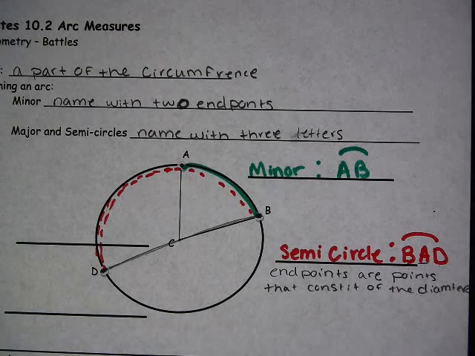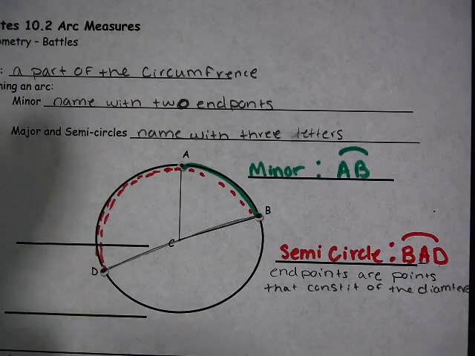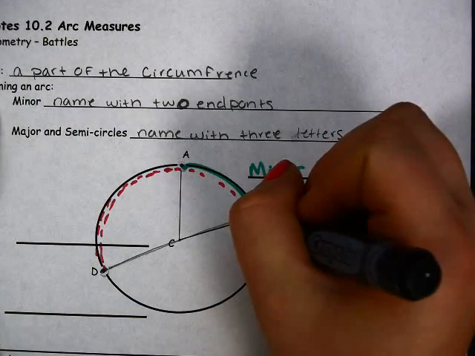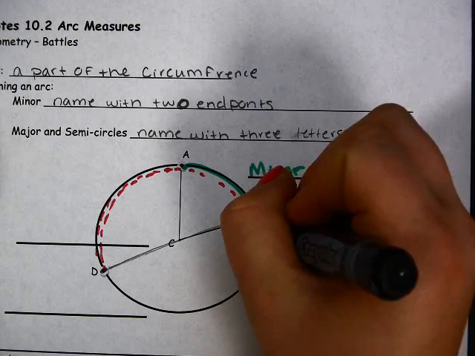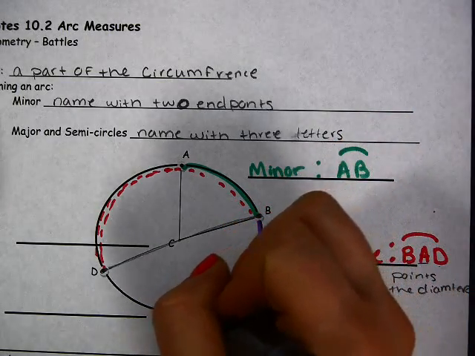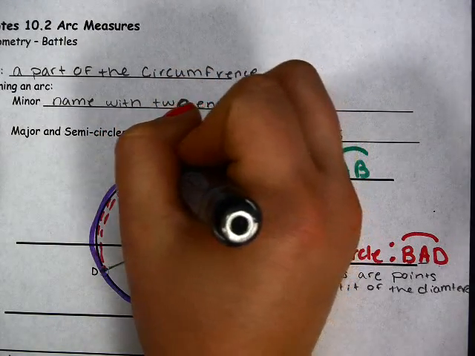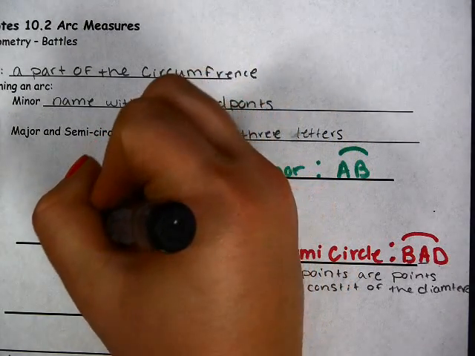Alright, if I didn't confuse you yet, the next one is going to be a major arc. And so a major arc goes from one endpoint of the minor arc to the other endpoint of the minor arc.